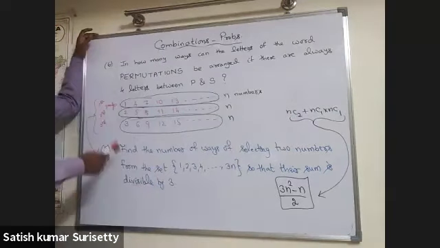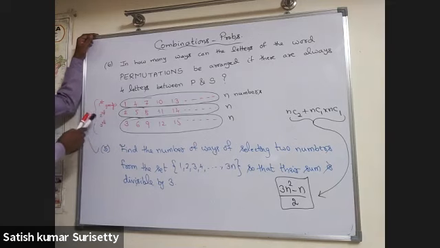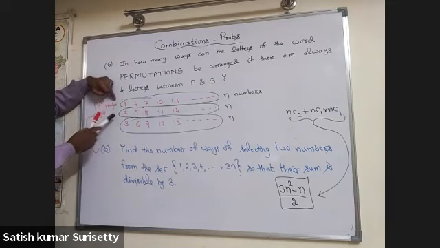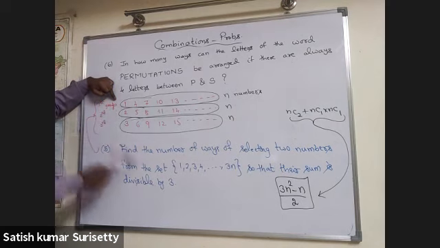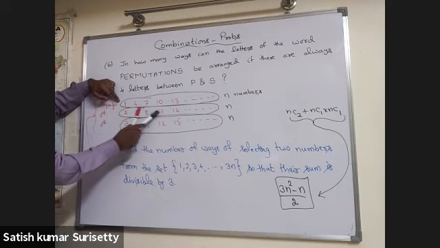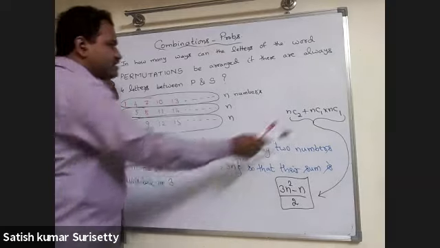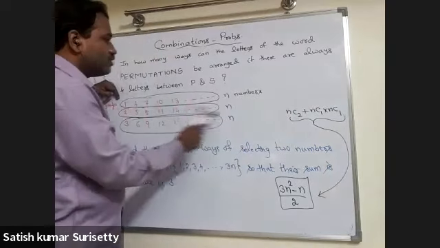Now the other case will be one number from one group and one number from another group. If I choose one number from the first group and one number from the second group, the sum is always divisible by 3, because if I choose 1 and 5, 1 plus 5, or 2 plus 4, or 1 plus 11, whichever numbers I add, one from the first group and one from the second group, the sum is divisible by 3. That means I can select one from the first group, nC1, and one number from the second group, again nC1.